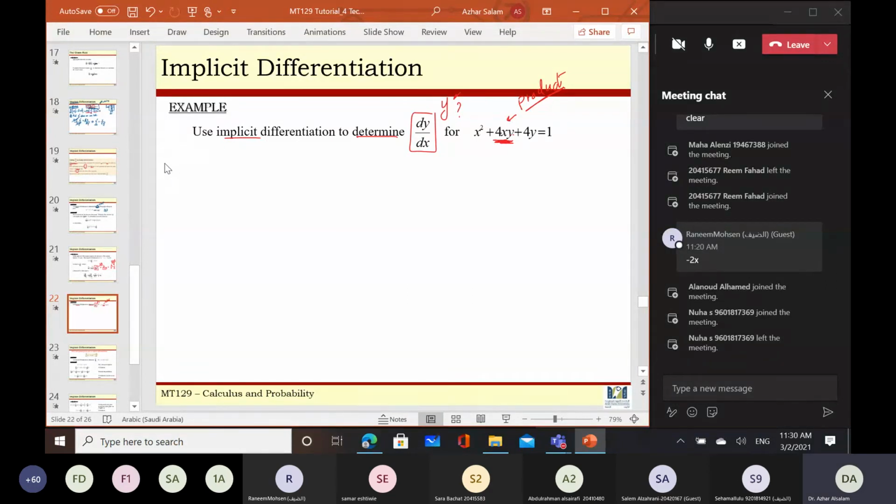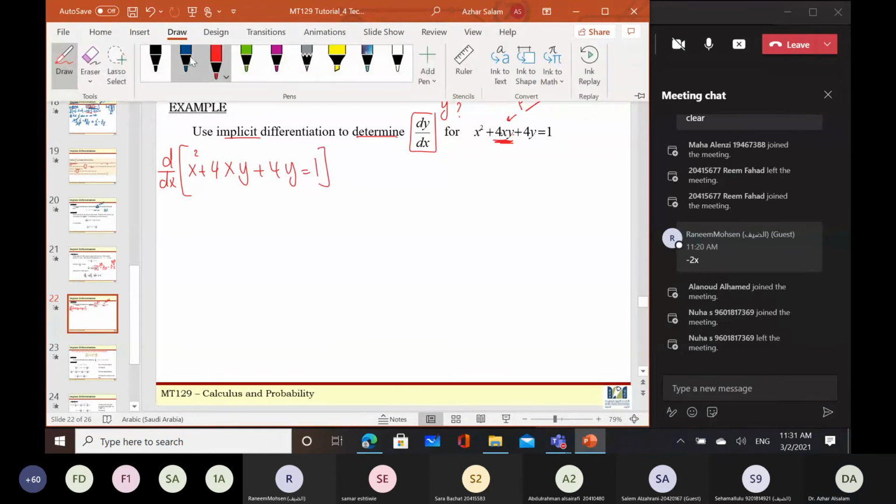So here I will find dy by dx for the given equation, which is x squared plus 4x multiplied by y plus 4y equals 1. I will use the product rule here.